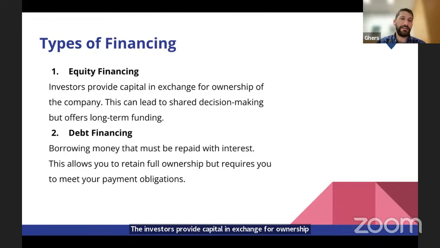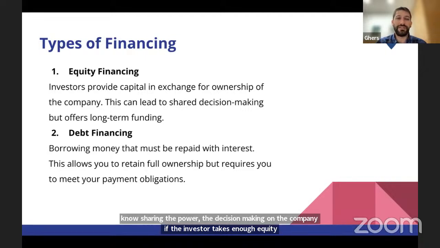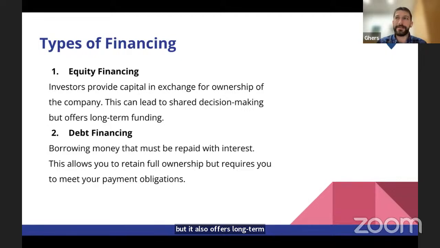It can lead to sharing the power, the decision making in the company if the investor takes enough equity, but it also offers long-term funding that is not compromised in the way a loan is. You don't have to pay X amount by X date, so you don't have to repay it in the same way as a loan has to be repaid.